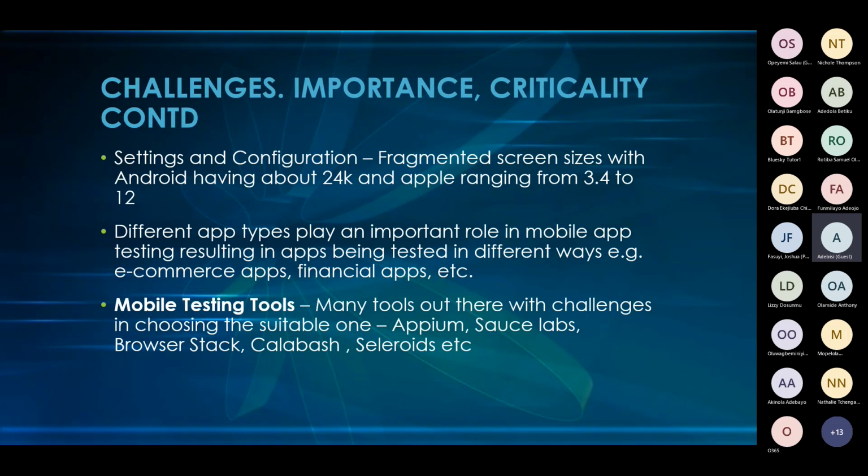Also, settings and configuration. Fragmented screen size, with Android having about 24K and Apple ranging from 3.4 to 12. The configuration of how our mobile devices are set up is also very, very important, because iOS is different from Android, and they're always competing with each other.